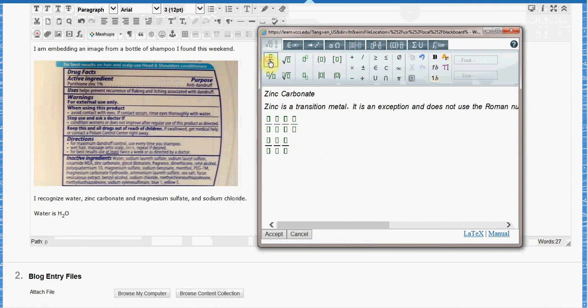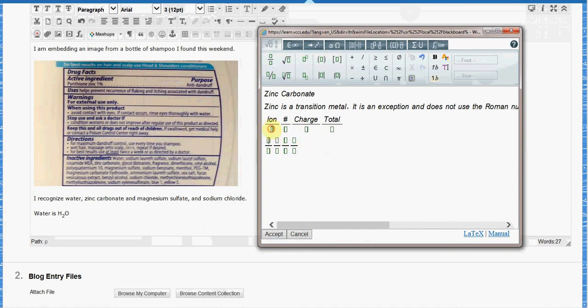Now I'm going to set this up like the table in class. So here we have atom or ions, the number, the charge, and the total.